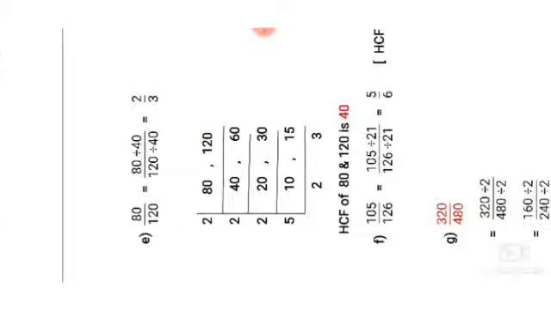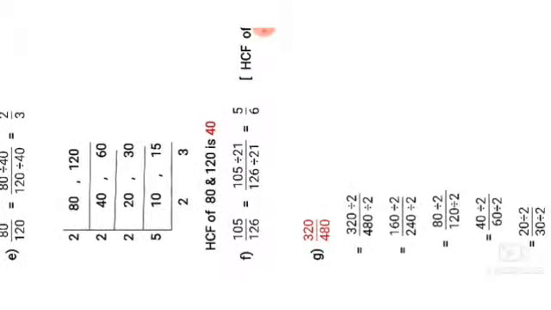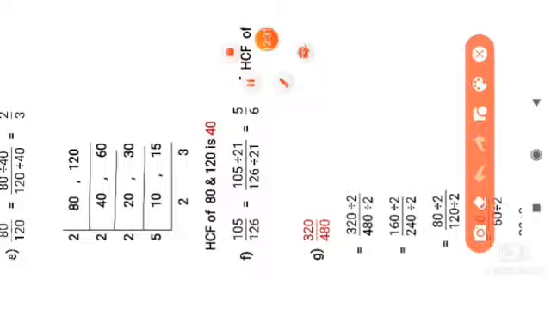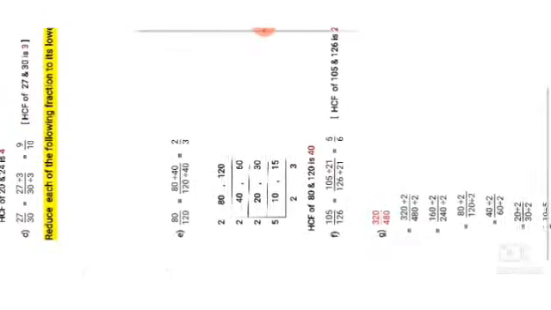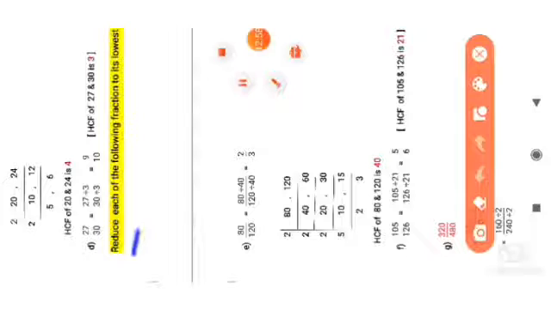Okay, so let's come to the next sum. The next sum I also kept for you. This sum also you will do on your own, try to do it by yourself and follow the method that I said. So in this way you can find out the simplest form. Another way, if the instruction is given, reduce each of the following.